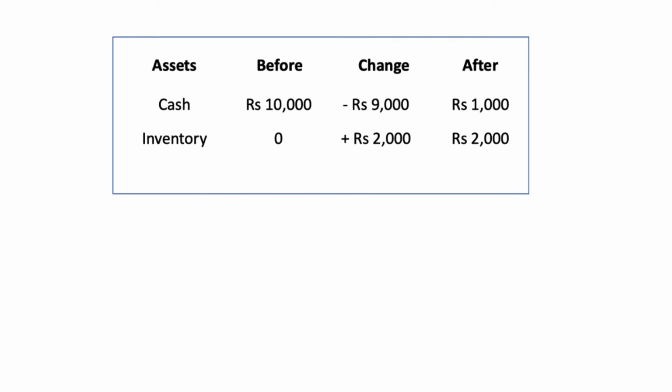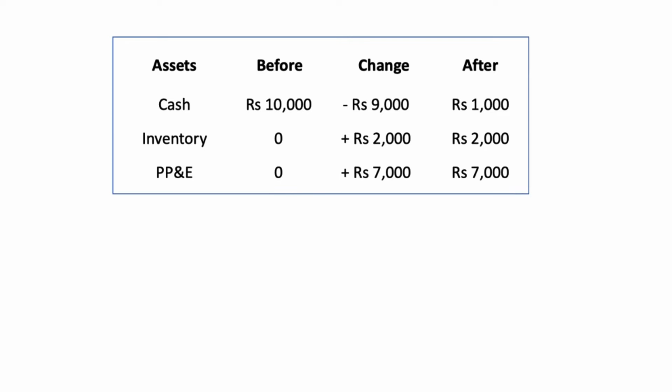The change is 2,000 rupees, and after is 2,000, which is the end value. On the plant, property and equipment, we know that we have bought 7,000 rupees worth of coffee machine. So initially we did not have it. The change is 7,000 rupees. At the end we have 7,000.